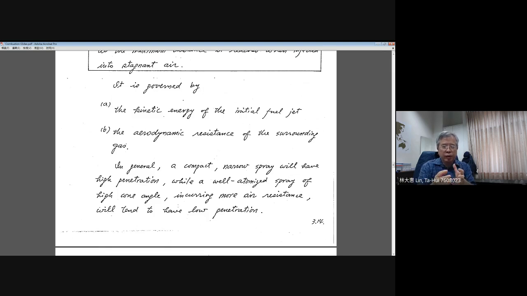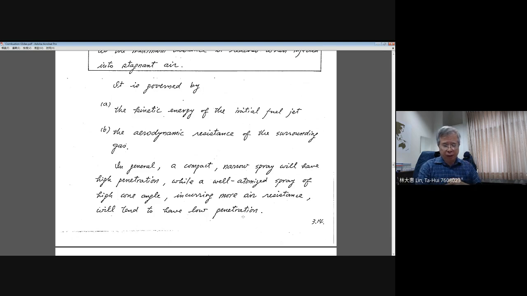Since those tiny droplets will lose their momentum easily, they cannot move to a far distance. The penetration depth will be smaller. So for atomized spray of high angles, usually it incurs more air resistance and tends to have a low penetration. These are the two distinct characteristics of the compact nano spray compared with the well atomized spray.